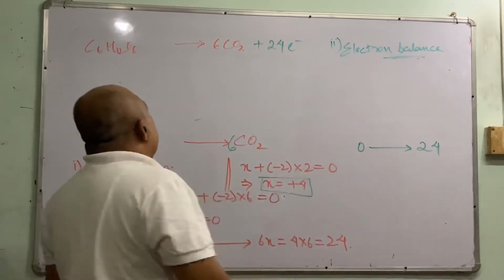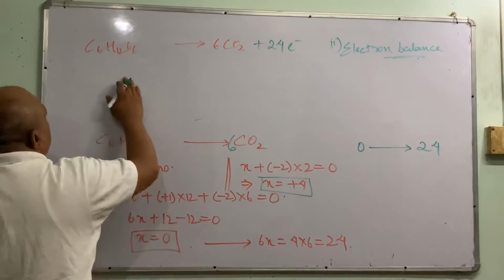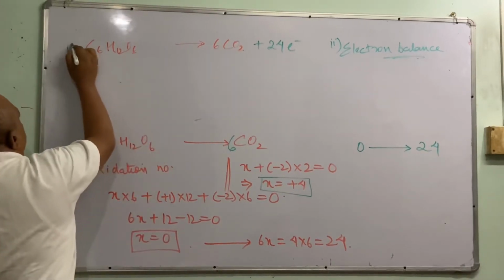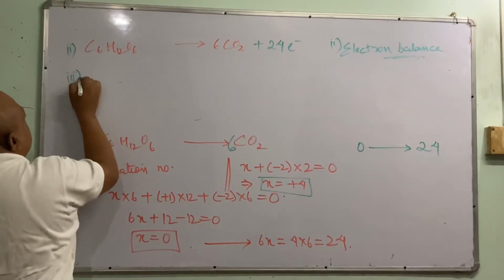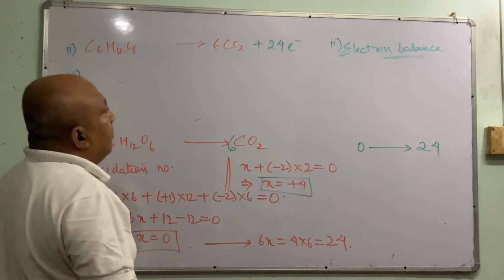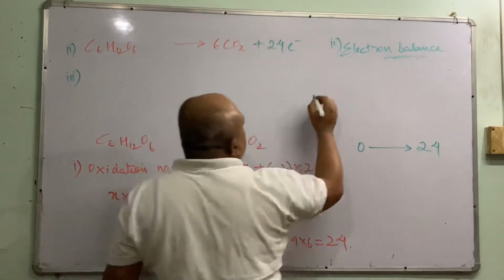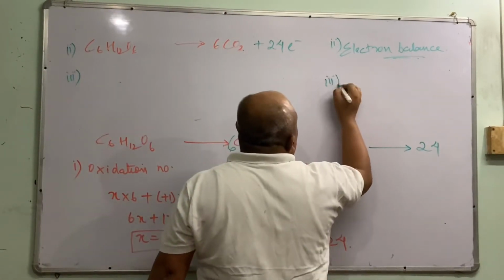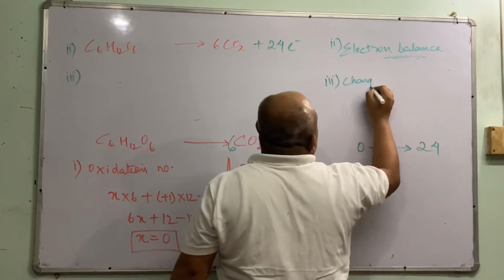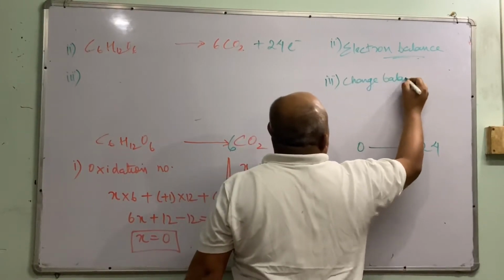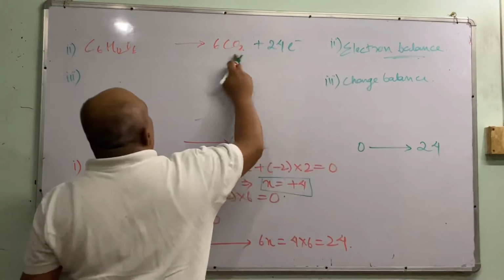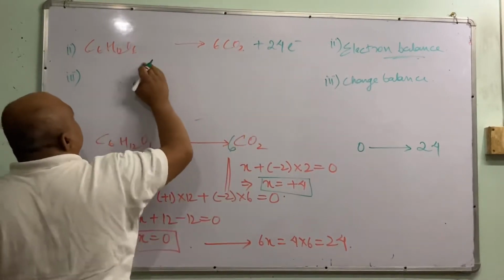Okay, so now this is number 2. Number 3 is what we call charge balance. With 24 electrons here, there is no charge.